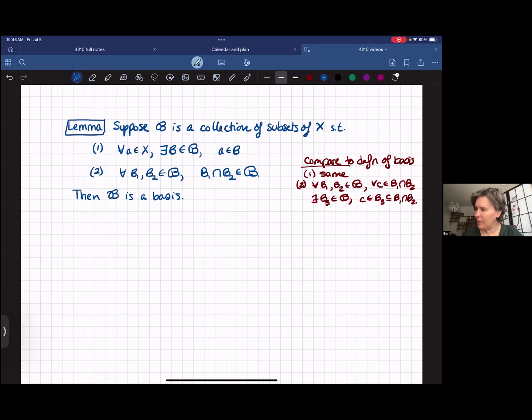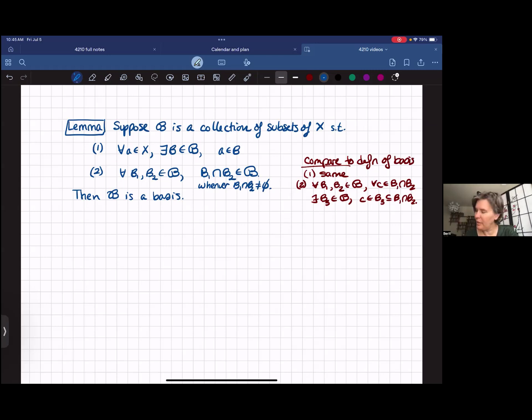And now that I'm looking at this lemma, I want to make one little edit to it. I'm going to say whenever B1 intersect B2 is not empty. If it's empty, it's not in the basis. So we're assuming it's non-empty.